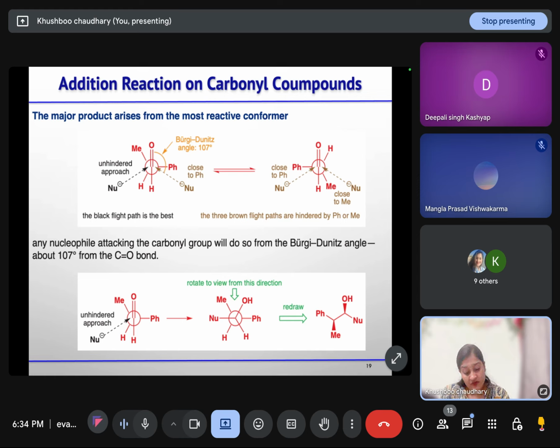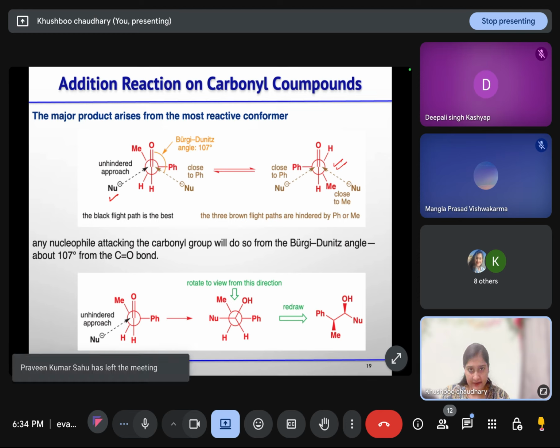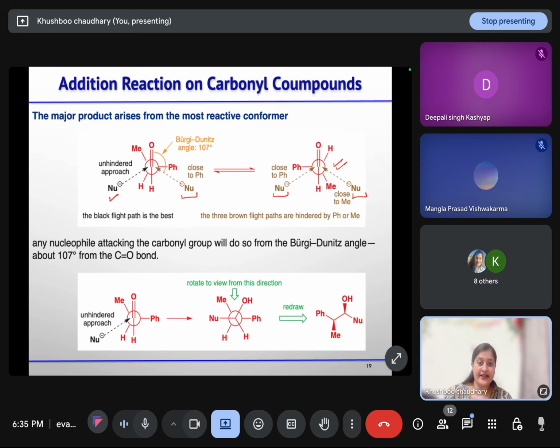Now, when the nucleophile approaches, it can approach from the side of hydrogen, it can approach from the side of phenyl, or on the other face also it can approach from the phenyl or from the side of methyl. So among the four attacks that are possible, the three shown in brown are hindered attacks.